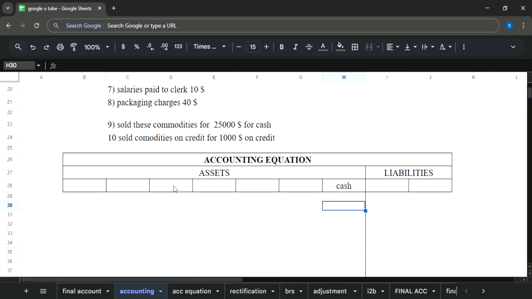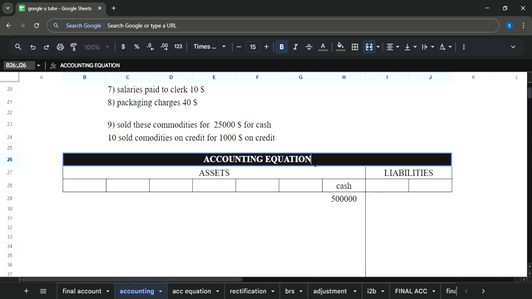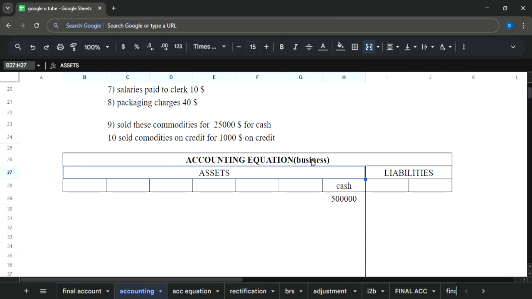So 5 lakh dollars cash has been increased. When you are not putting any sign with it, it means a plus sign. So cash has been increased. This accounting equation, I'm again telling you, is according to the business perspective. It's not the owner's perspective.